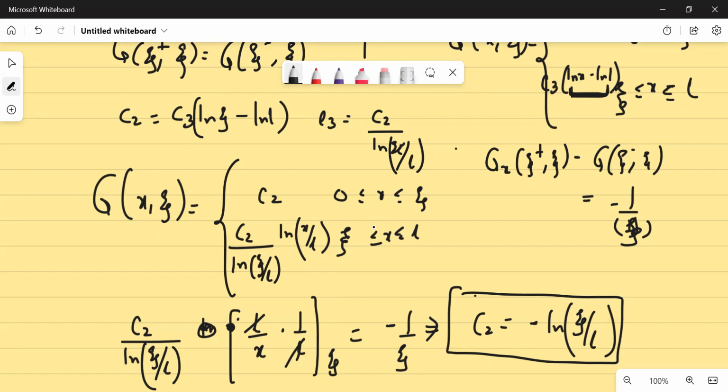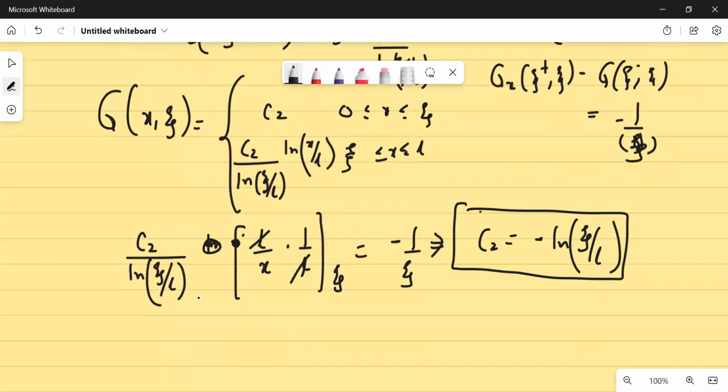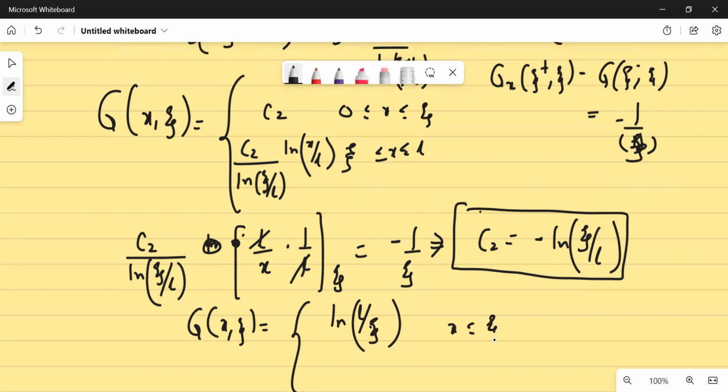There may be a possibility that I have done something wrong with the sign, but overall my G(x, zeta) would come out as ln(L/zeta) for x lying between 0 and zeta, where it is a constant, and for x between zeta and L, minus zeta ln(x/L), where you can write a negative out. I hope it is clear.